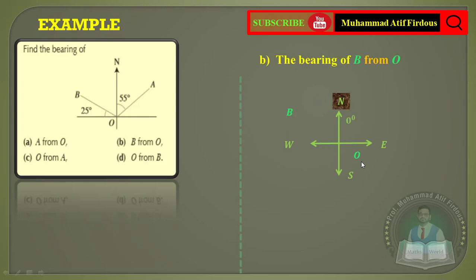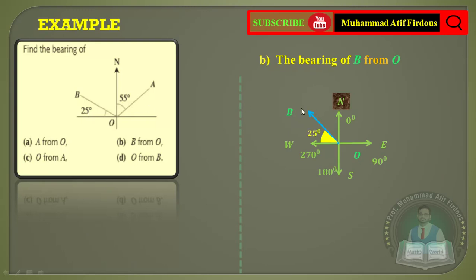The given angles are 0 degrees, 90, 180, 270. Write it in the simplest form. The given angle between O and B is 25 degrees.